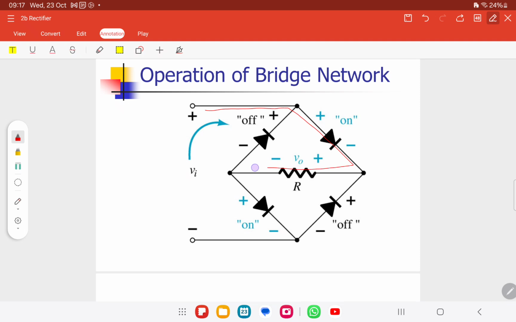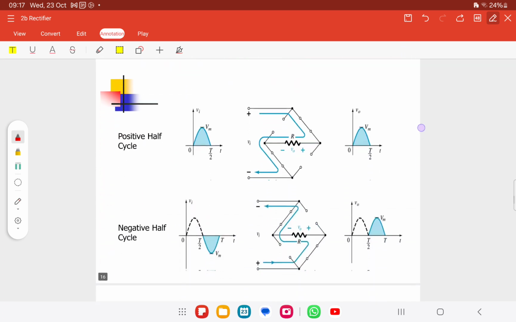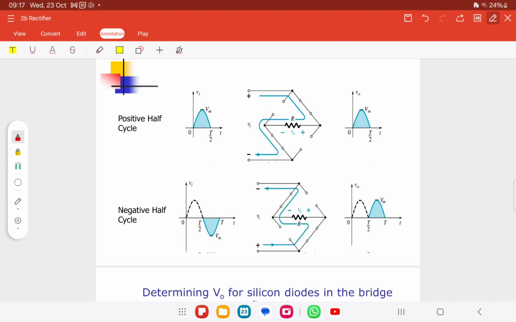Goes here. Because kita take into consideration polarity of the diode kan. Okay. Yang ni dia tunjuk for both cycle. Okay, so yang ni dia lalu situ, pusing sini.